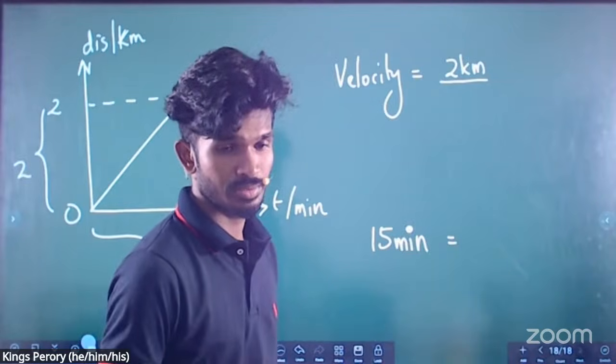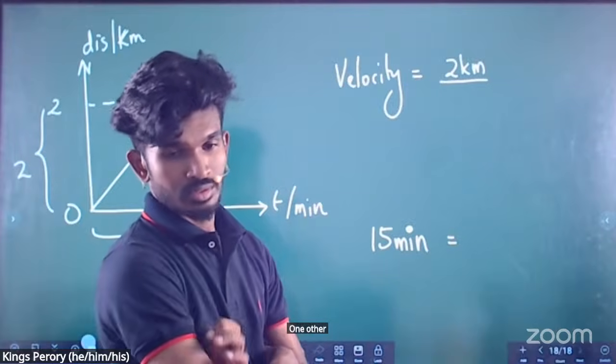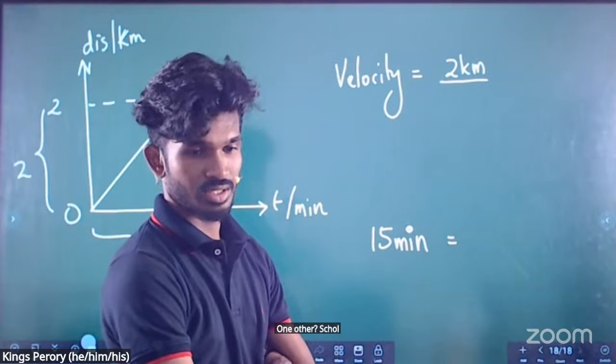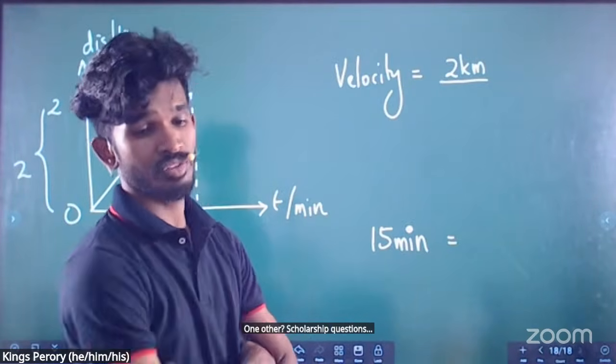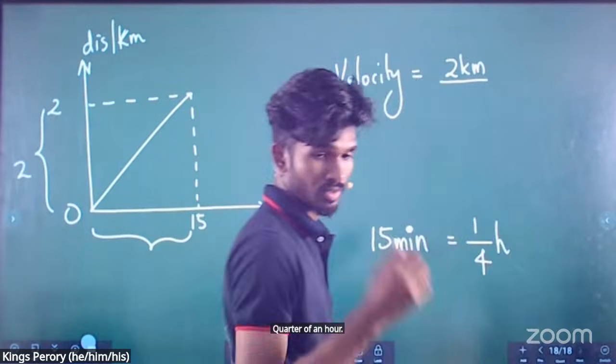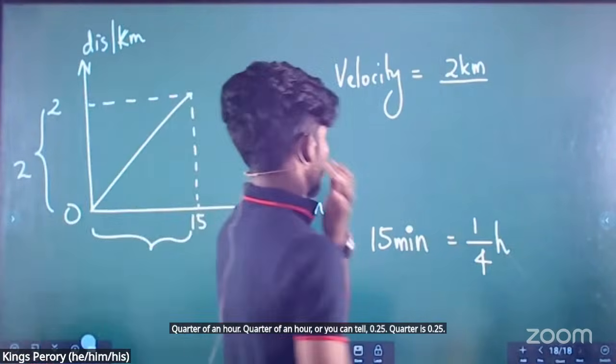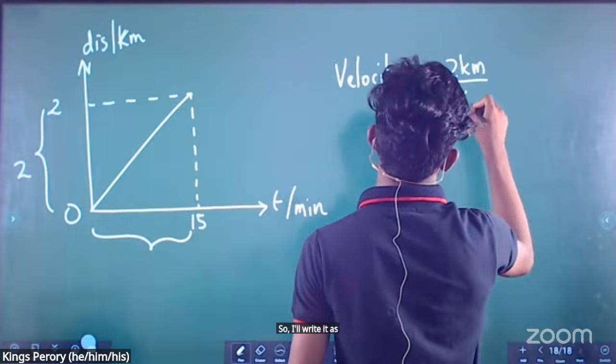Quarter of an hour, or you can say 0.25. Quarter is 0.25. So I'll write it as 1 over 4 hour.